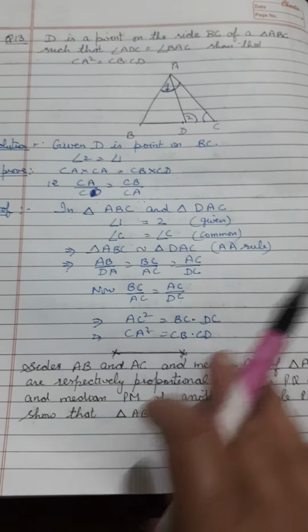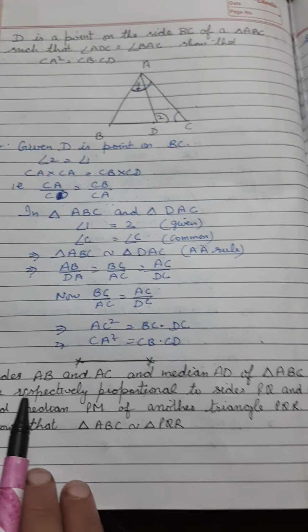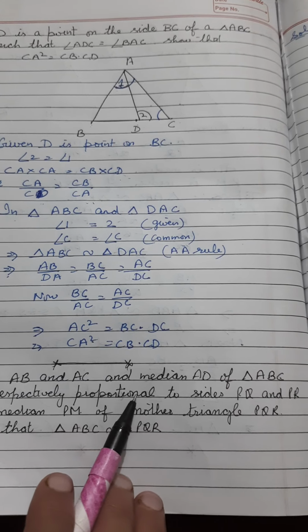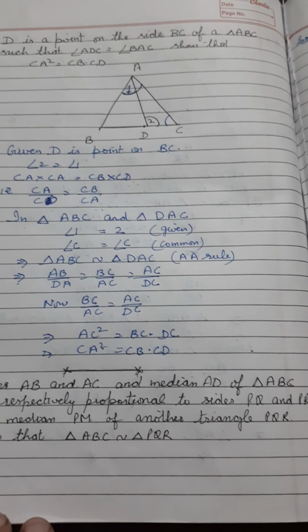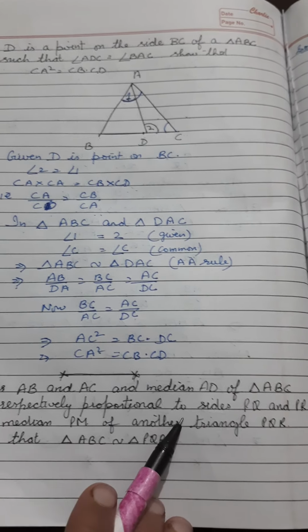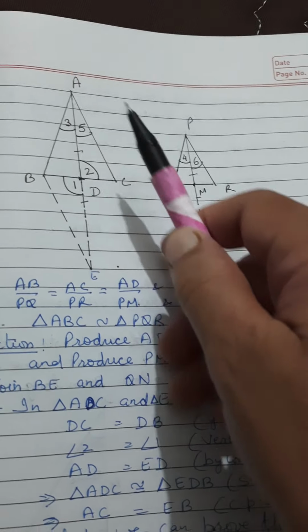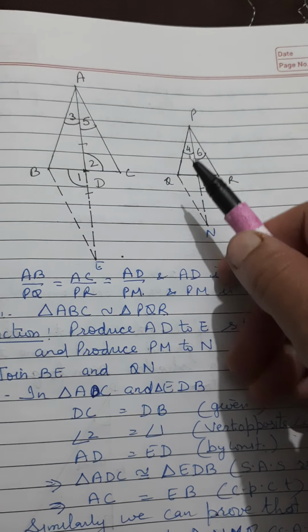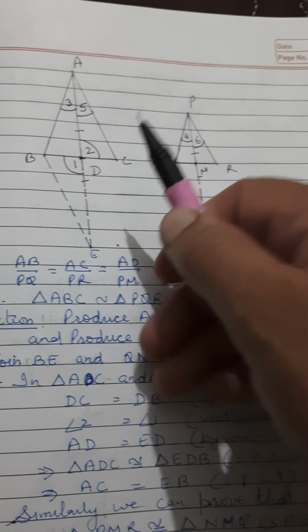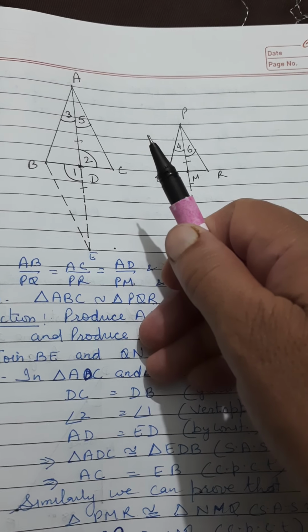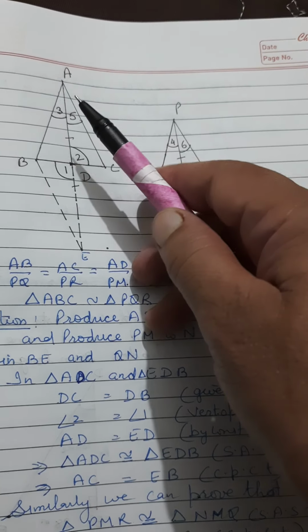Then we come to the next question, question number 14. Sides AB and AC and median AD of triangle ABC are respectively proportional to sides PQ, PR and median PM.